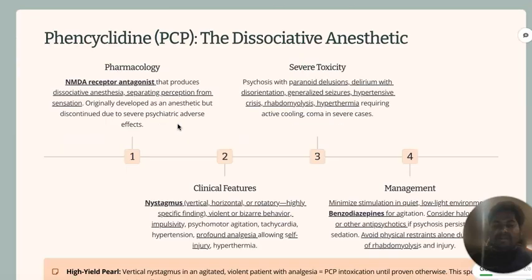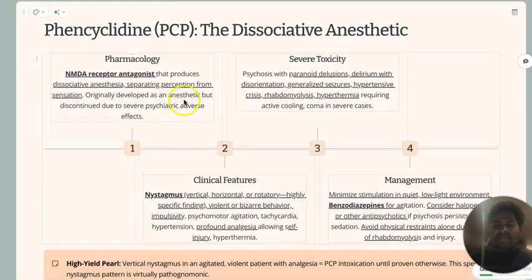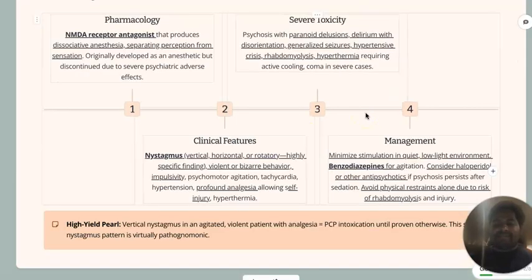But here, when we talked about PCP, we said that the person will have problems especially with regards to orientation, so delirium is also present and disorientation is also present. Okay, so just a comparative talk. And then the person may develop generalized seizures, hypertensive crisis, rhabdomyolysis, and hyperthermia.